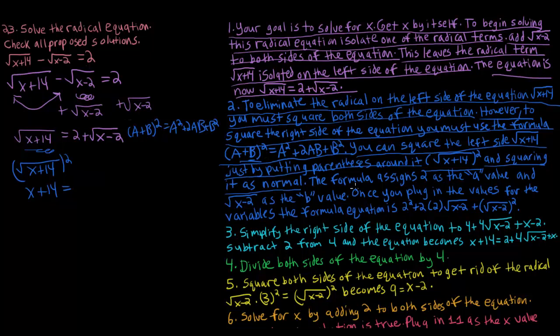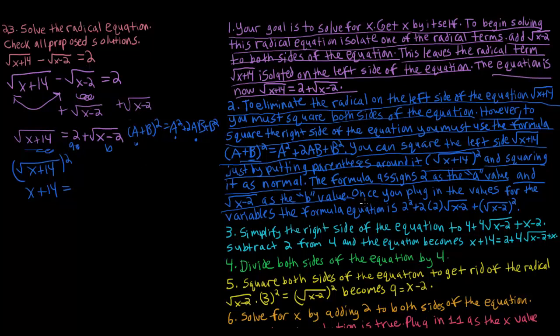Now, right here it says the formula assigns 2 as the a value. So 2 is going to be our a value for this equation. So we have to plug in 2 everywhere there's an a. And the square root of x minus 2 is going to be the b value.